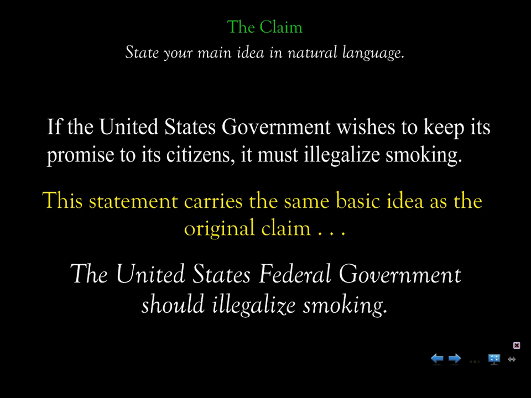My original claim was the United States federal government should illegalize smoking. These two sentences are basically expressing the same idea, but the top one was modified a little bit so it could flow with the paragraph better. So like I said, don't be afraid to modify that sentence if you need to in order to make it flow with the rest of the paragraph.